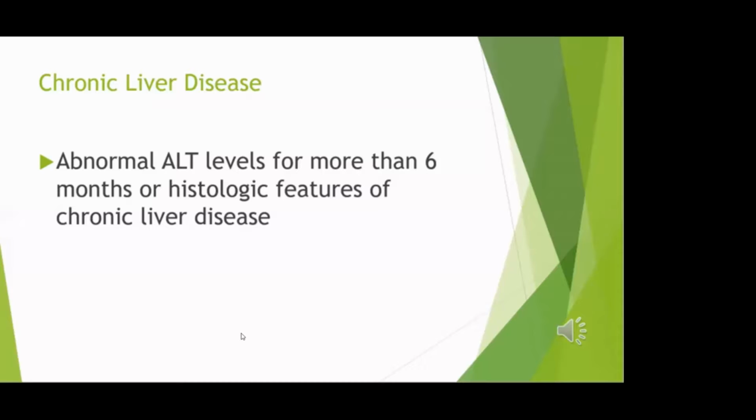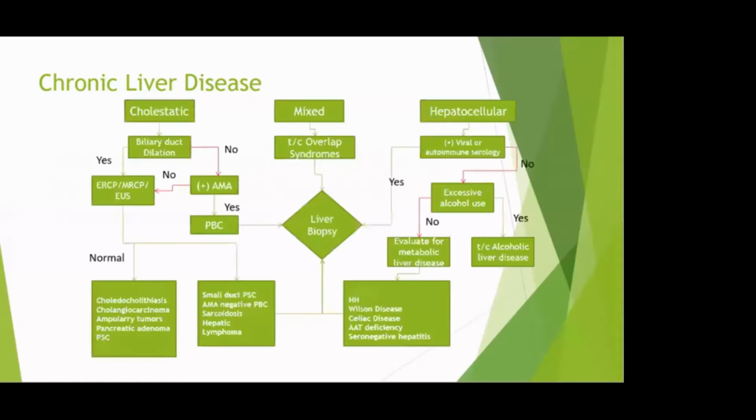In these cases, a liver biopsy is performed to assess the degree of fibrosis and presence of cirrhosis and confirm the diagnosis of chronic liver disease. But there are also other non-invasive measures, such as FibroScan, that can supplant the utility of liver biopsy. Okay, so this is the usual algorithm that is followed by our clinical colleagues.